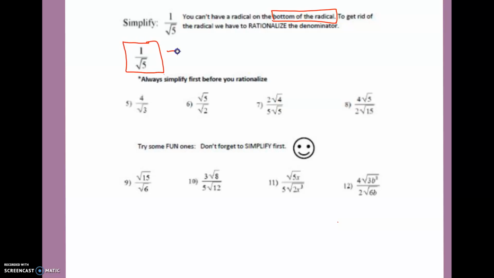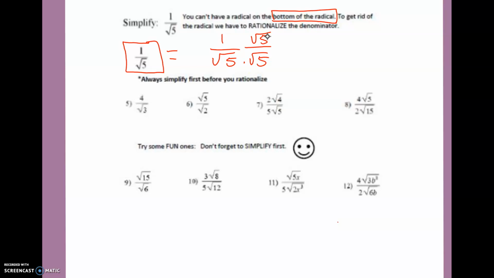No good, so I'm going to have to rationalize it. All that is, I'm going to take whatever the radical is on the bottom and multiply it by itself. Now remember, dealing with fractions, whatever I do to the bottom, I still must do to the top. That's just a rule of fractions, okay?